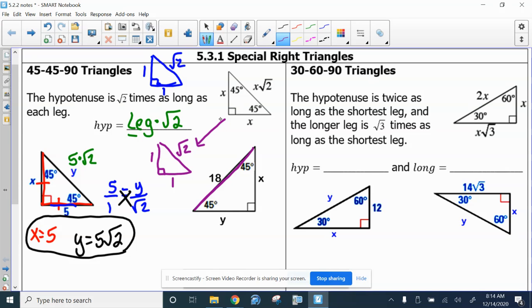This is the same thing. So we're just saying instead of an X, it's a 1, 1, and then the root 2. So we can use that as our similar triangle if we don't want to use the formula or the method. Some people have a hard time using this idea here.